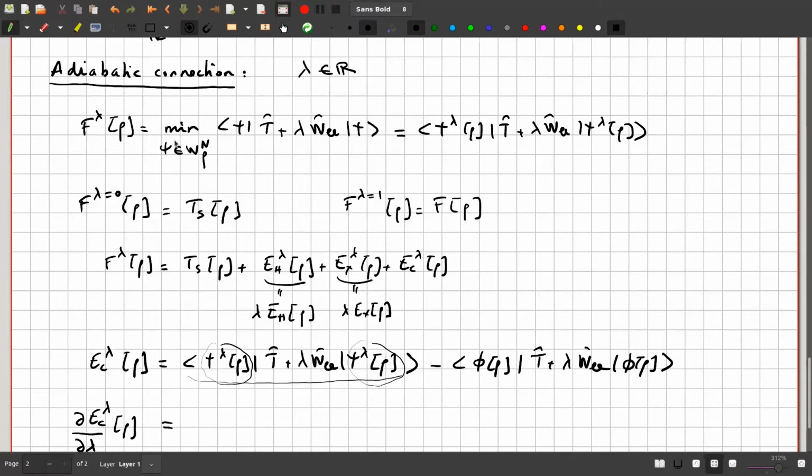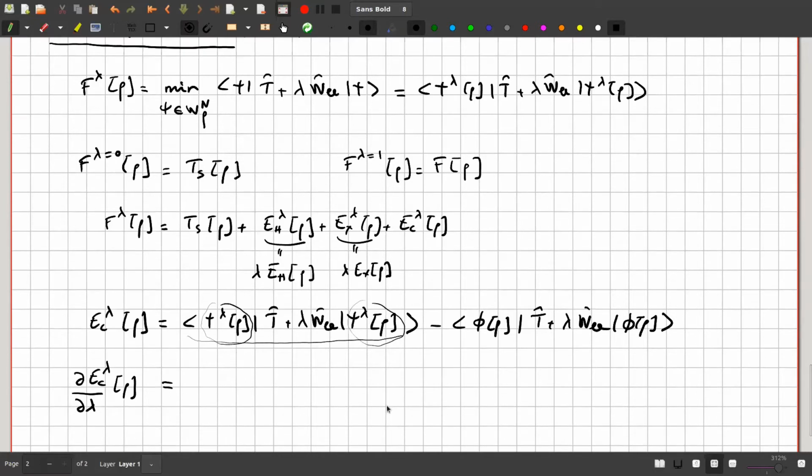Okay, it is defined as the minimum over any psi giving you the density rho. So if you vary psi by taking the derivative with respect to lambda, you don't change the density by doing so. So you are in this space. And since psi lambda of rho is the one at the minimum of this expression, it means that the derivative with respect to psi will be 0.